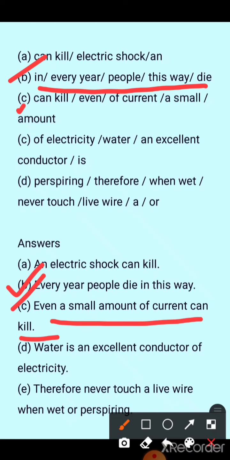Next, of electricity, water an excellent conductor is. So how will you write? Water is an excellent conductor of electricity. Last one, perspiring therefore when wet never touch, live wire or. So therefore never touch a live wire when wet or perspiring.